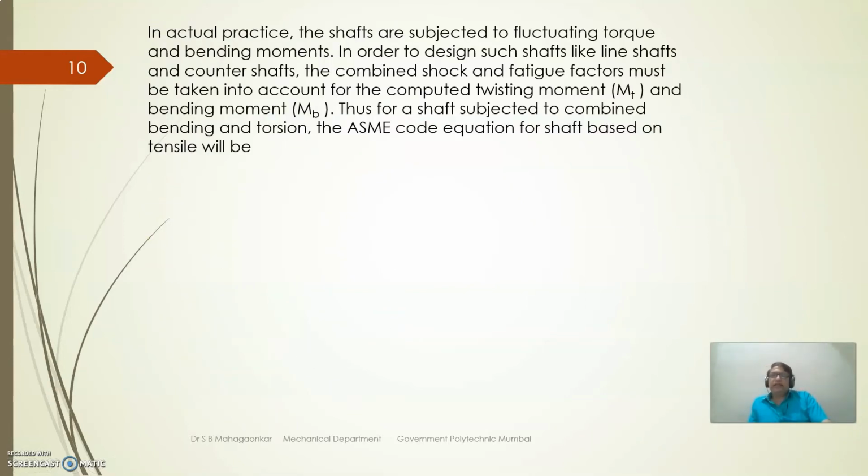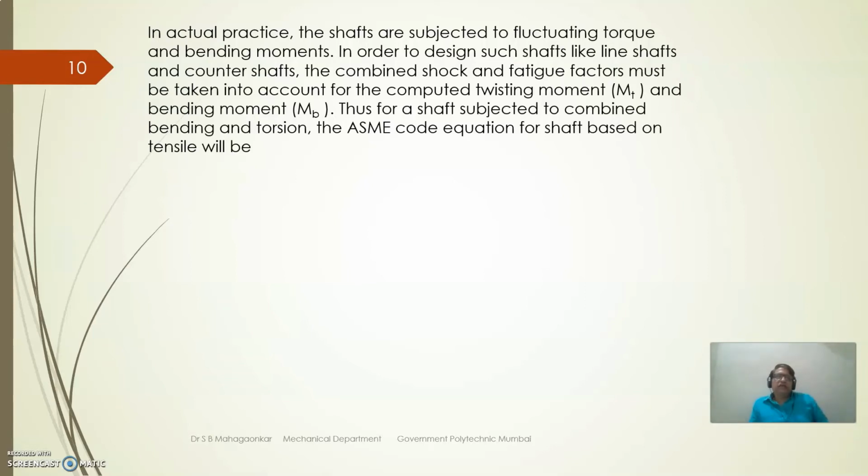So in actual practice, the shafts are subjected to fluctuating torque and bending moment. In order to design such shafts, such as line shafts and counter shafts, the combined shock and fatigue factors we have to consider. There is a large amount of fluctuation.